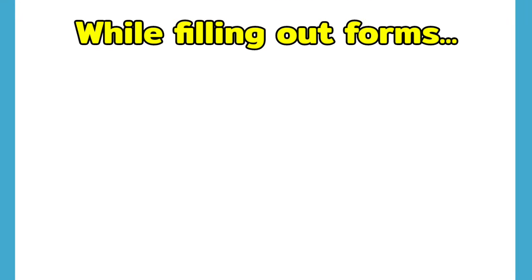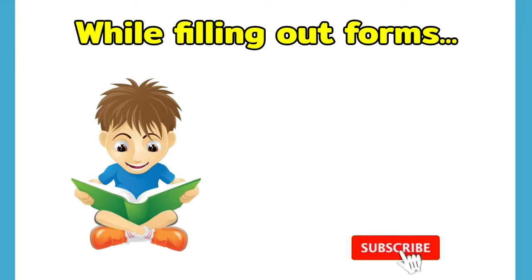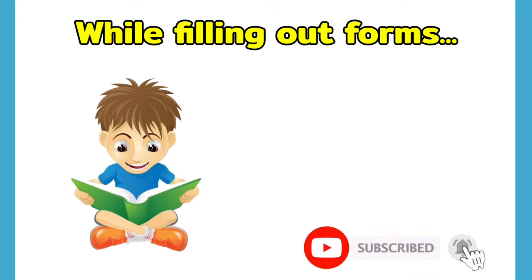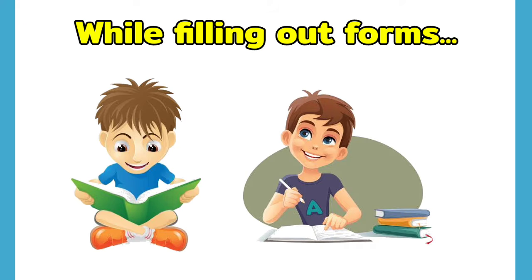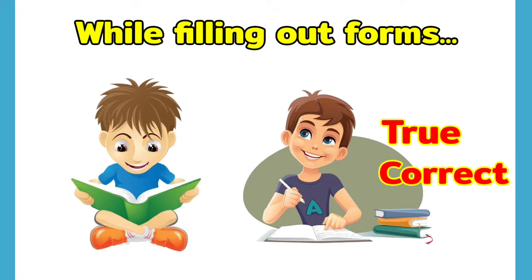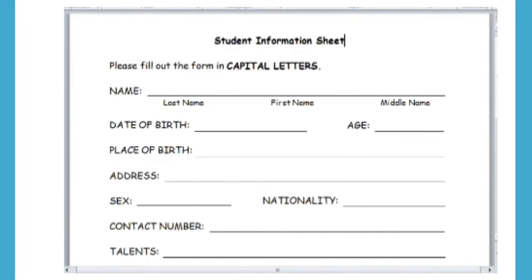And while filling out forms, read each item very carefully before writing your answer, and write only the information being asked. Be sure that it is true and correct. Okay? So let's start to fill out this form.